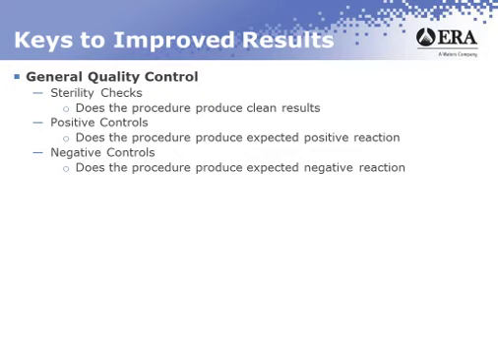Okay, on negative controls. For each new batch of media and method apparatus, you need to check the analytical procedure by testing a negative control to demonstrate that the media does not demonstrate the typical positive reaction for that target organism. So if you're expecting it to produce an atypical colony, it should produce an atypical colony.